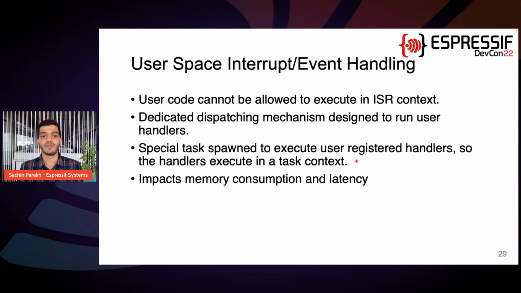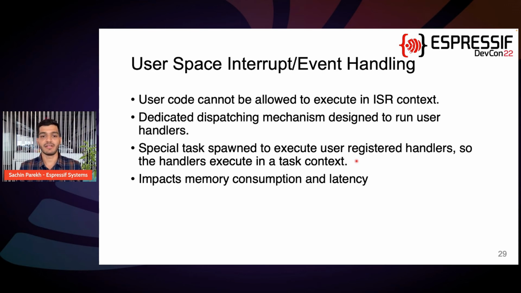Now, naturally, the follow-up question is, how would the user space interrupt or event handler be handled? The user code cannot be allowed to execute in the ISR context, because it could lead to nasty misbehavior.